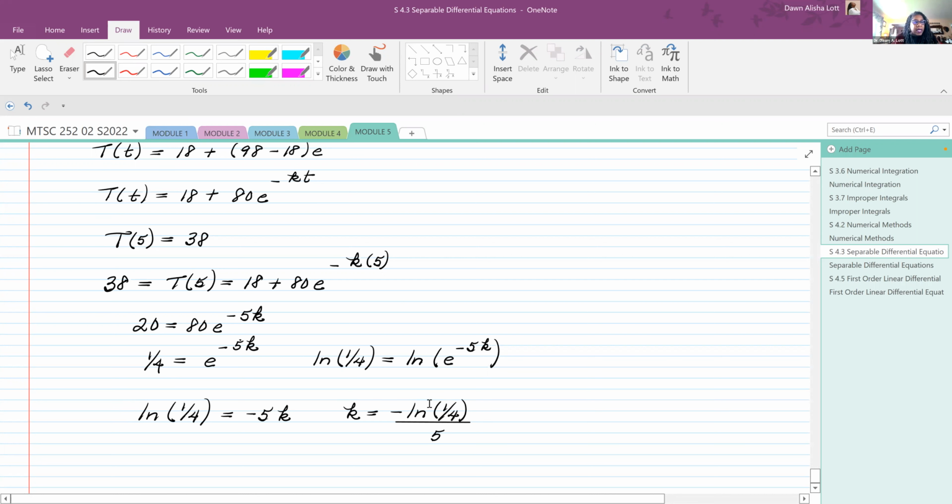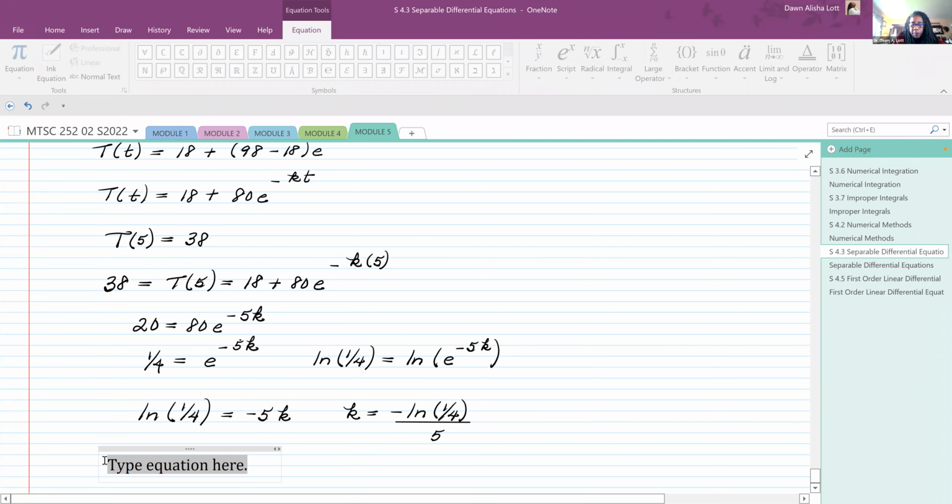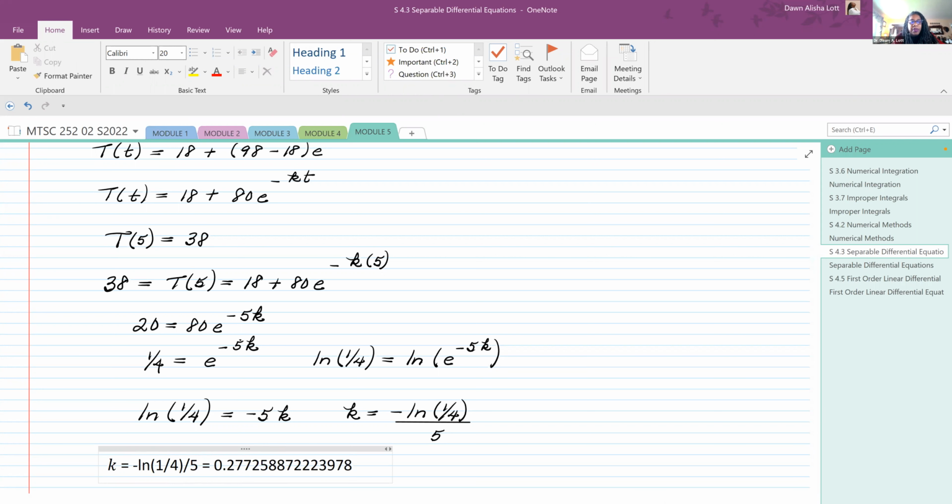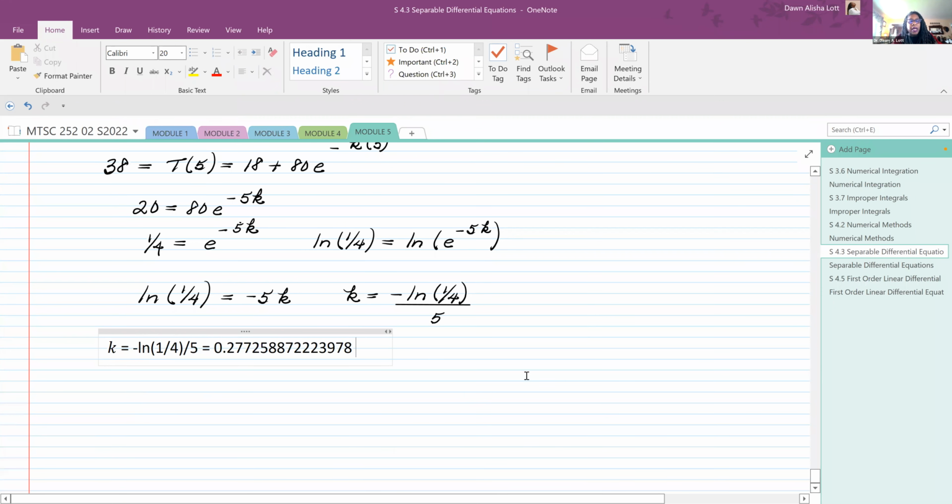So k is equal to the negative natural log of 1/4 divided by 5. And there's my k. All right, so now I know what k is. That's what goes in my formula.